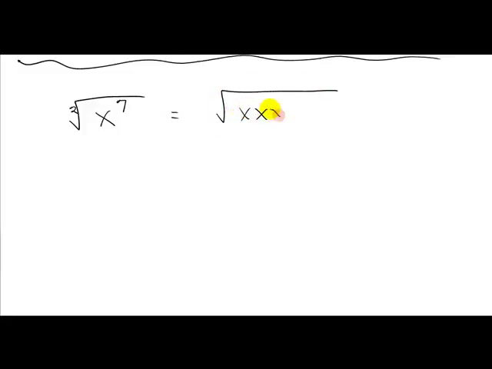If I do this, 5, 6, 7, and then I've got 2, 2, 2, you see I have this one that is going to be left over. My simplified answer here would be x times x times x, which would be x cubed, and the leftover is going to stay in the radical.